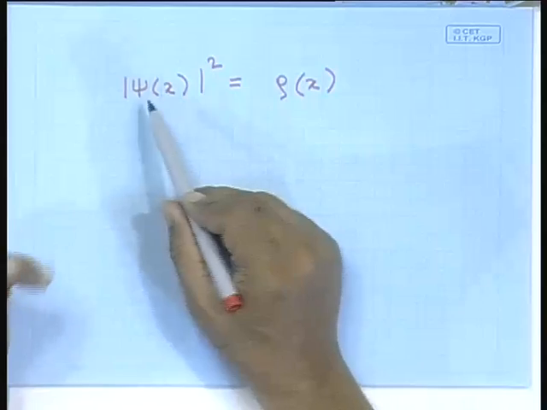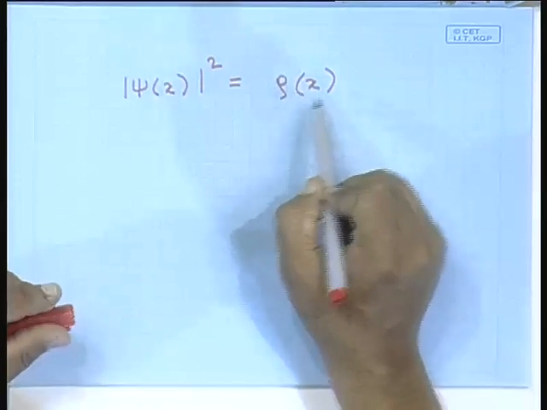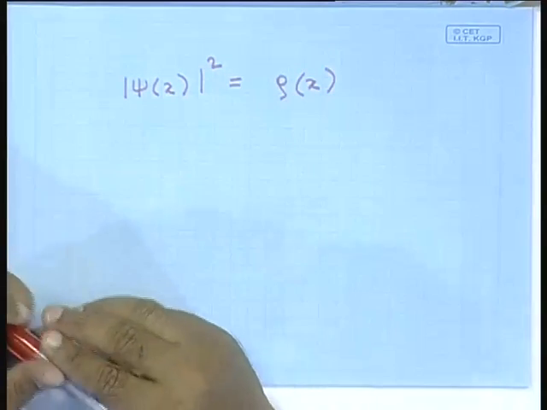So once you know the probability amplitude, you can calculate the probability density. Once you know the probability density, you can calculate where you expect to find the particle. You can calculate the uncertainty, that is, if you do the experiment, what is the expected spread around the mean value. You can calculate all of these.